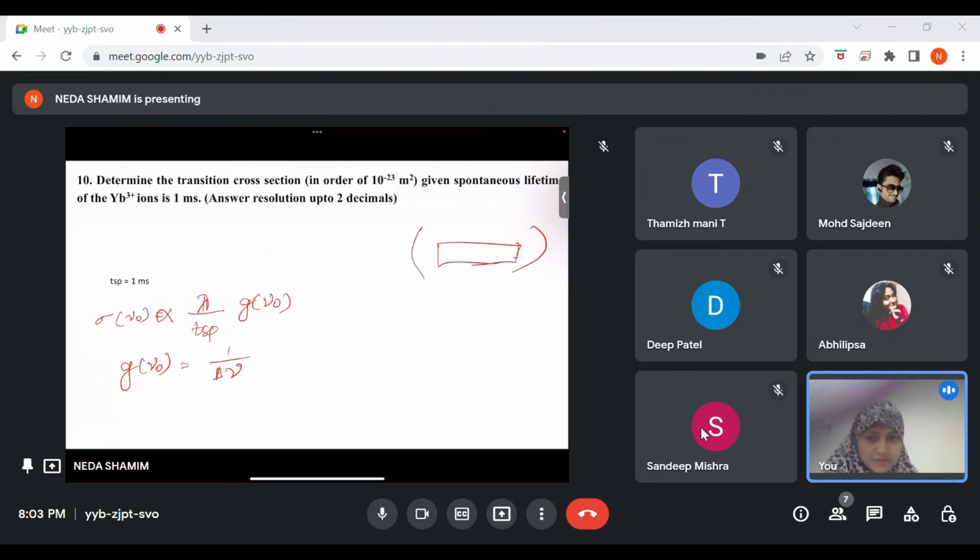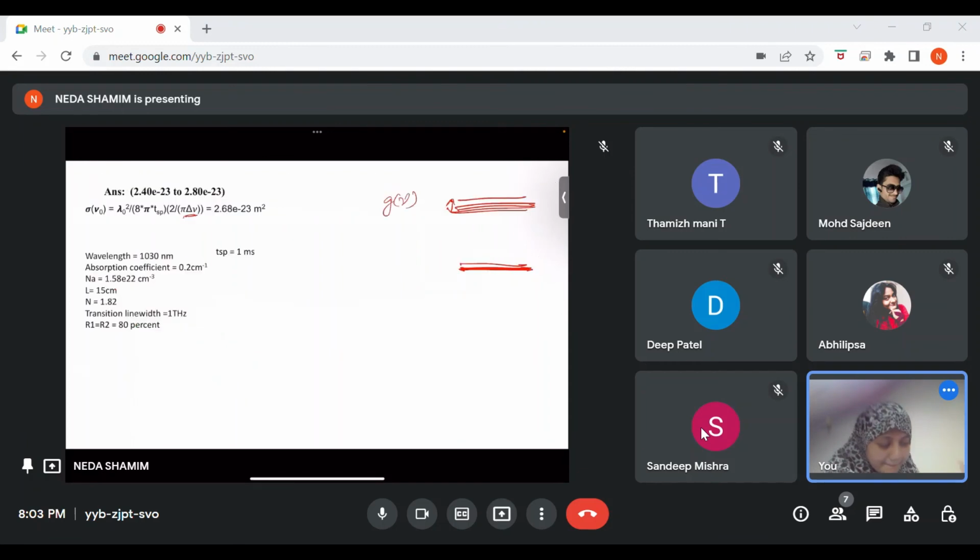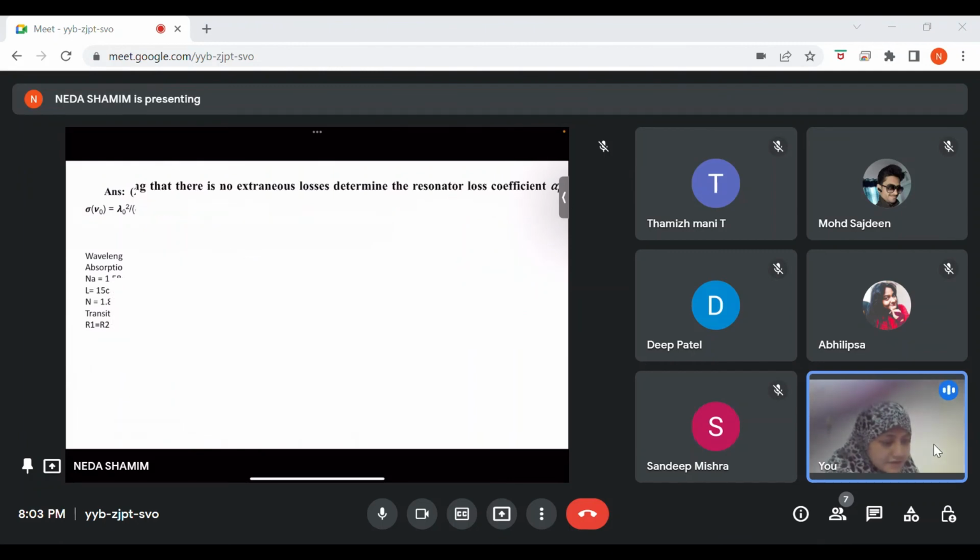So this gain medium will have some cross-sectional area, but that doesn't mean that is the absorption or the emission cross-sectional area. We have to find that out. Okay. So this is how we find the absorption cross section area. So let's move on to the next question.